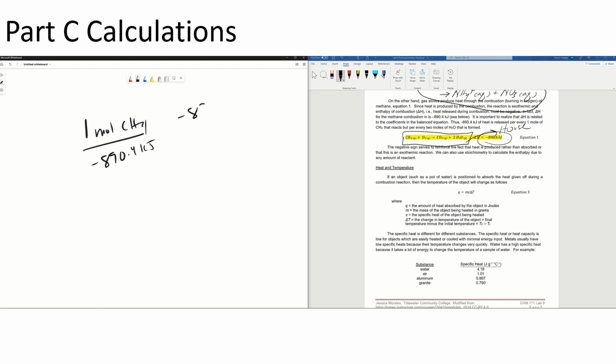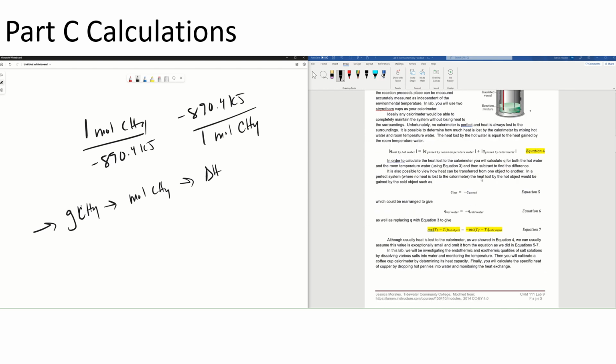Or we can say for every 890.4 kilojoules of heat produced, we reacted 1 mole of methane. So instead of using your mole to mole ratio, you're going to use the molar to energy ratio. If you know the grams of methane, then you know the moles of methane, which means you can determine the change in enthalpy for this reaction. So that's what they mean by refer to equation 1.